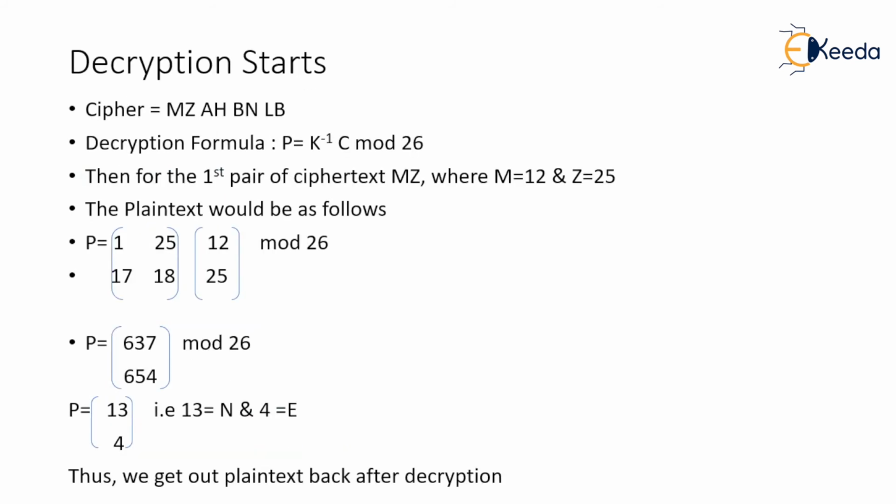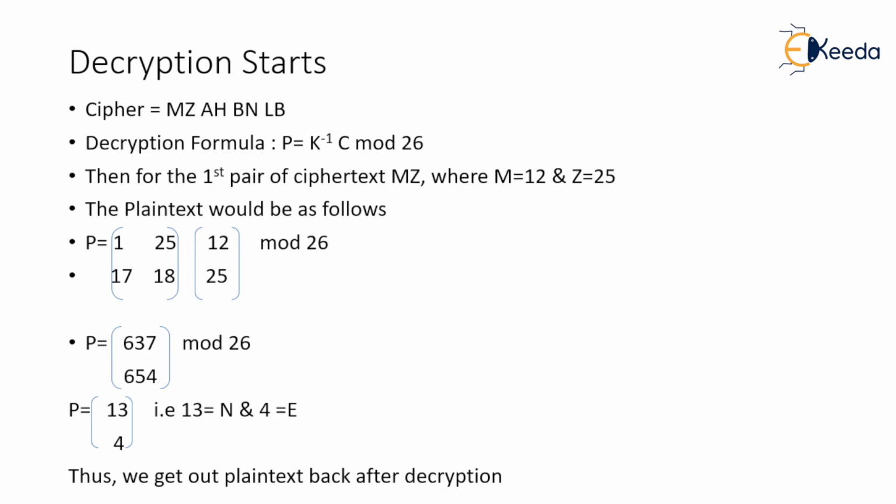Now let's start with the decryption process. Here the formula for decryption is P equals K inverse C mod 26. As I told you, we first have to find the inverse of the key matrix which we used for the encryption, and the first ciphertext pair will be MZ.